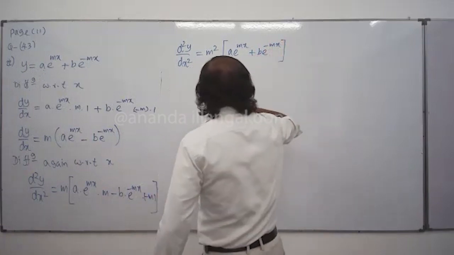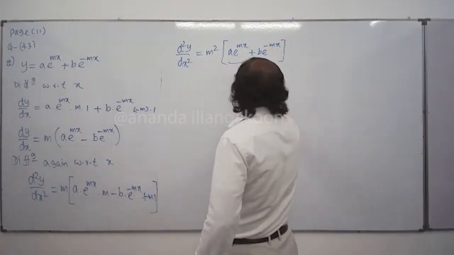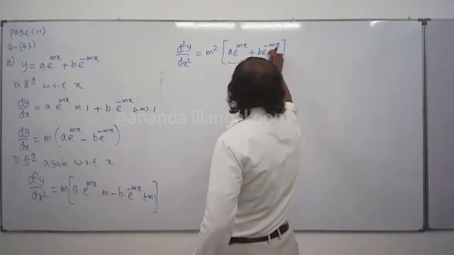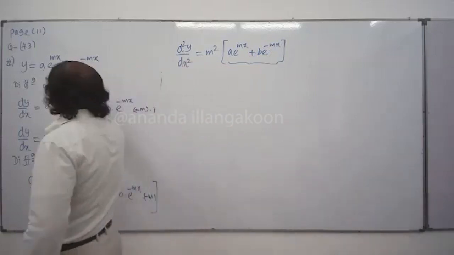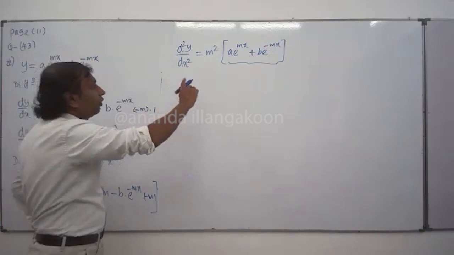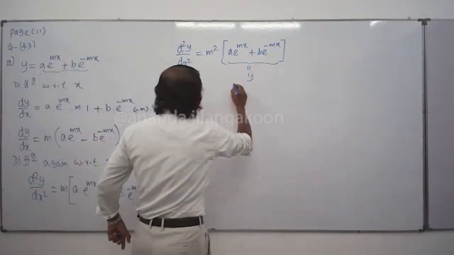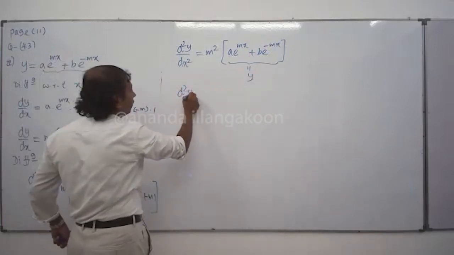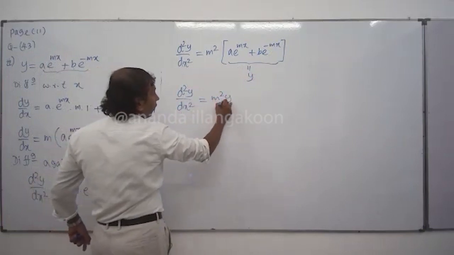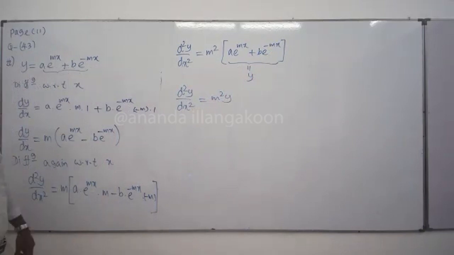Right. People, you can very clearly see this one. This function, a e to the power mx plus b e to the power minus mx, is the same thing as the original, that is really y. So for this I can put y. Then we get the next result like this: d2y over dx2 is m squared y.